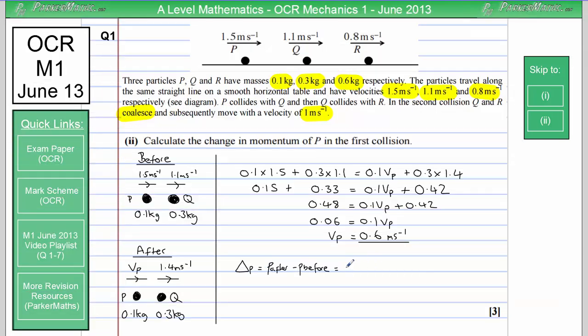Since the mass stays the same, this is equivalent to the difference in the velocities. So we have 0.1 multiplied by 0.6 minus 1.5. 0.6 minus 1.5, that's negative 0.9. If we multiply that by 0.1, we get negative 0.09 kilogram meters per second.